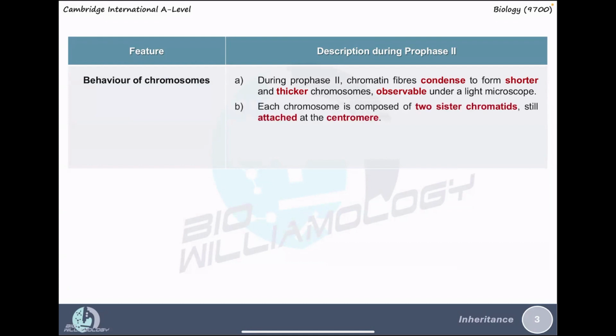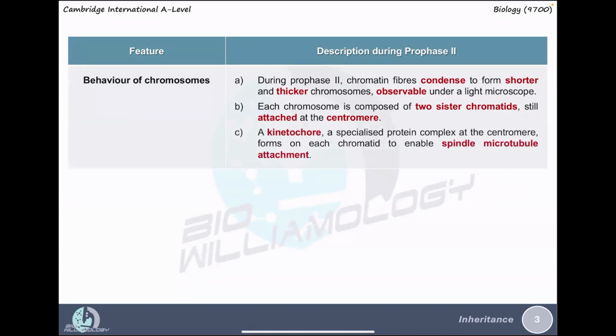Each chromosome is composed of 2 sister chromatids attached at the centromere. A kinetochore, a special protein complex at the centromere, forms at each chromatid so that spindle microtubules can attach to this kinetochore and push the chromosome to the metaphase plate in metaphase 2.